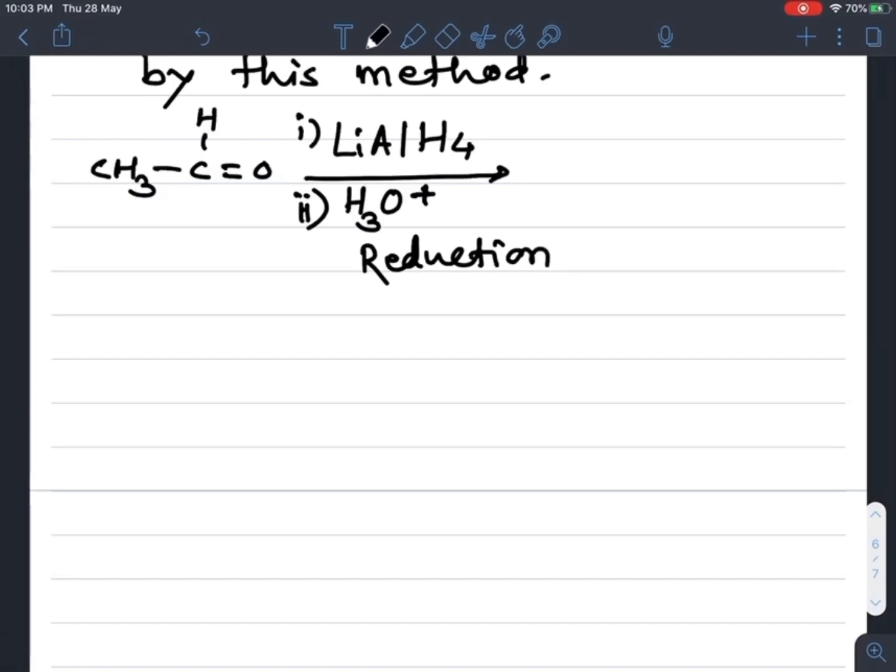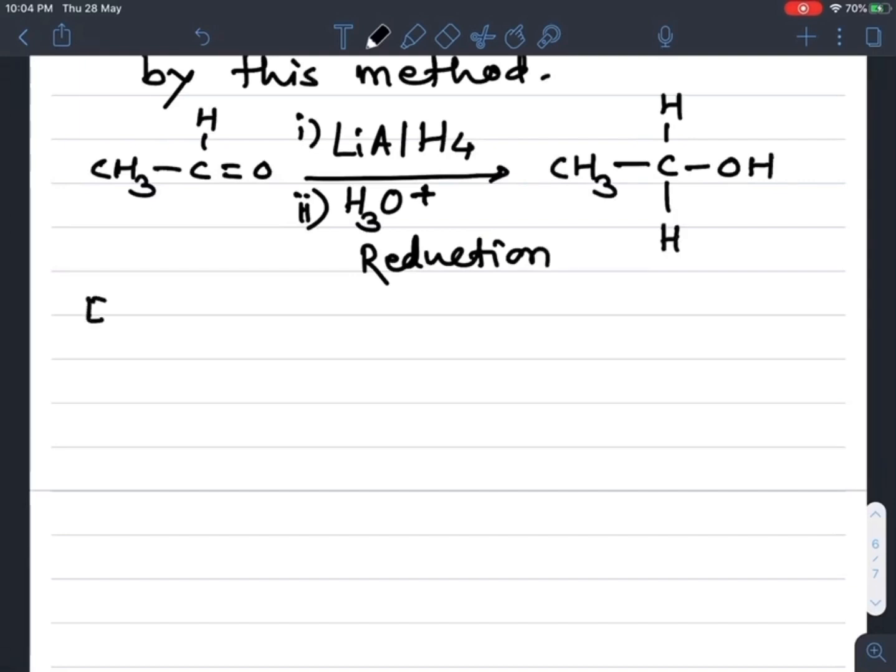Reduction means addition of hydrogen. One hydrogen is added to this carbon and one hydrogen is added to this oxygen. So we get its corresponding alcohol, here CH3CH, here hydrogen is added and the other hydrogen is added to this oxygen.